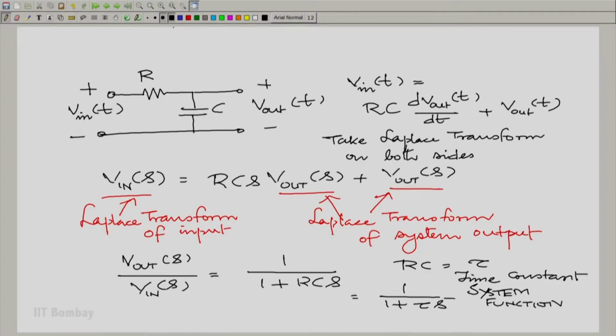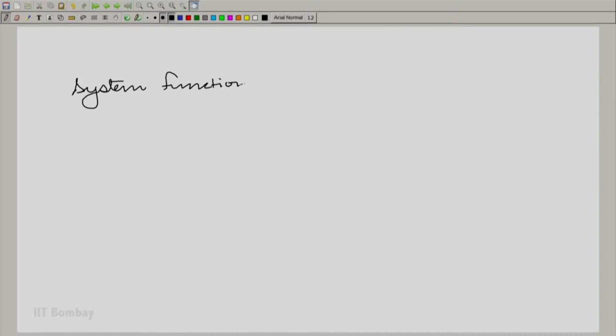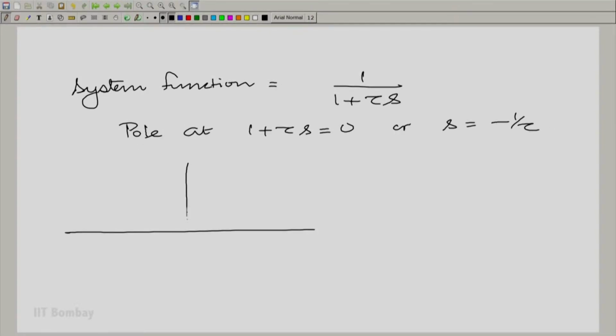When you have a rational Laplace transform, all that you have to remember is that the poles of the Laplace transform cannot be a part of the region of convergence. So, here in this case, we have only one pole. In the S plane, the pole is at minus 1 by tau on the negative real axis.